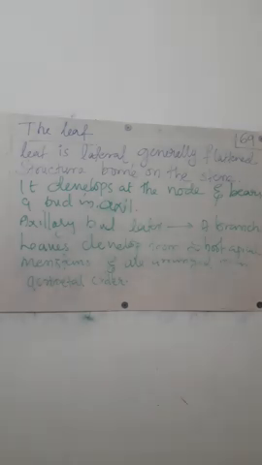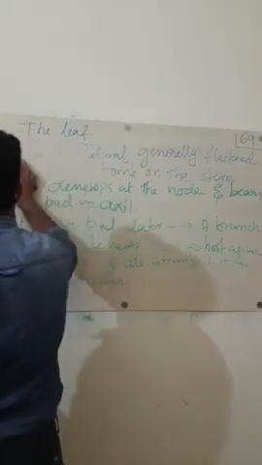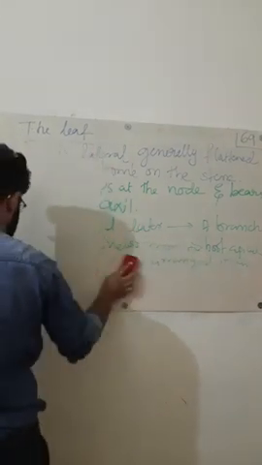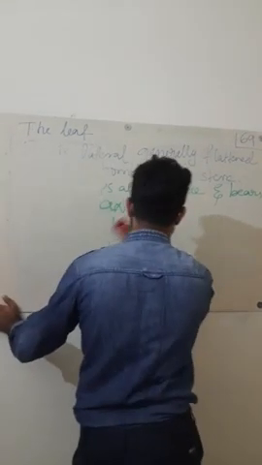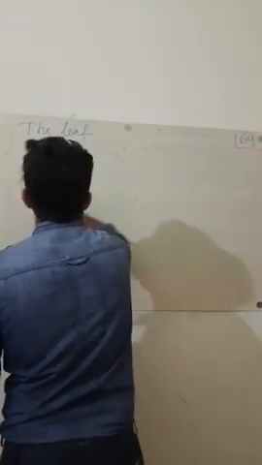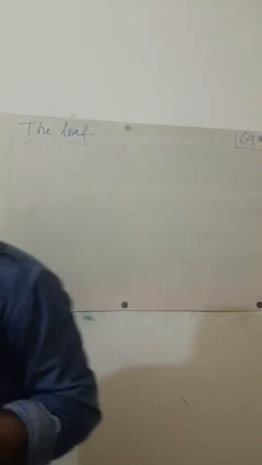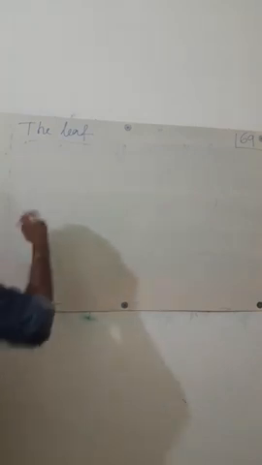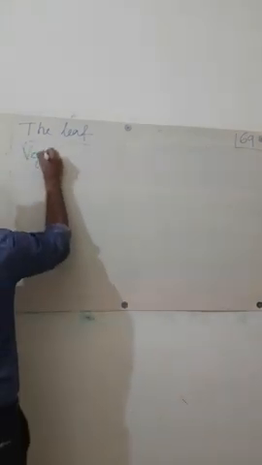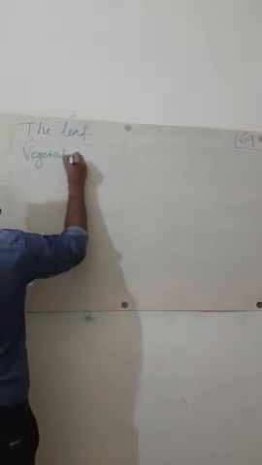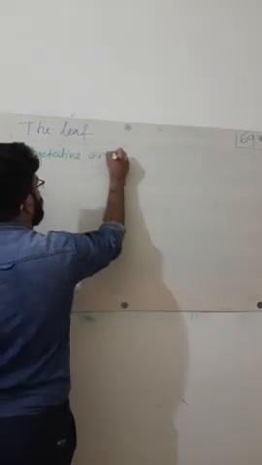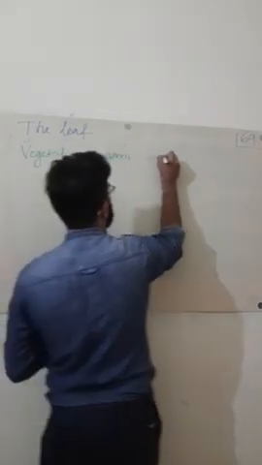Next we are going to study the leaf. They are the most important vegetative organs for photosynthesis.